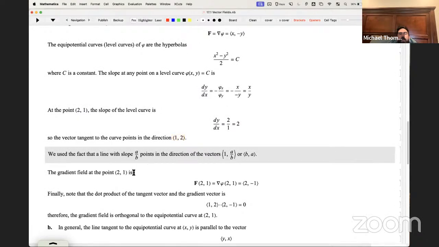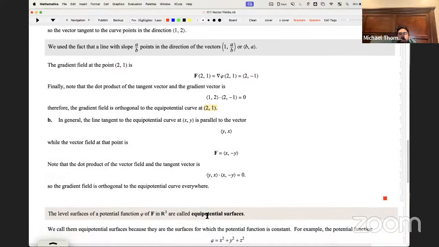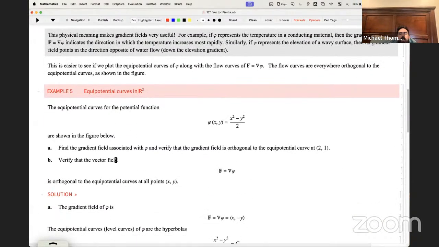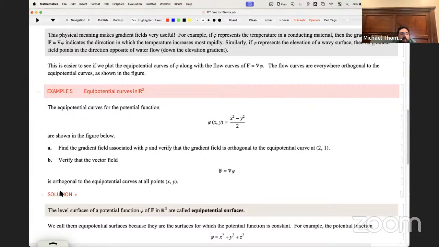And we know the gradient field at the point (2, 1) yields this vector. Now if we dot this vector and this vector together, we get 0, which indicates that the gradient field is orthogonal to the equipotential curve. We'll skip that one. You guys can read through that on your own.